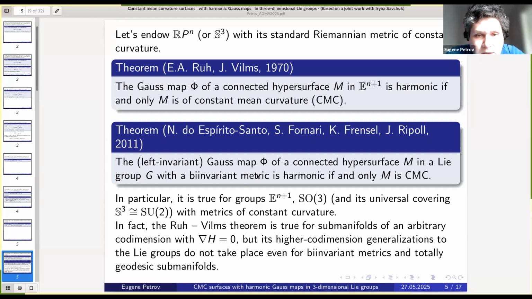So we have examples of totally geodesic submanifolds with non-harmonic Gauss map for higher dimensions. In higher dimensions, of course, we map not to the projective space but to the Grassmann manifold, in the same fashion.